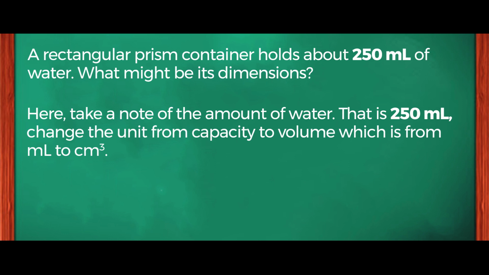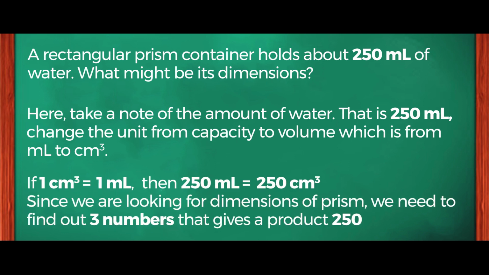Now, change the unit from capacity to volume, which is from milliliter to centimeter cube. If 1 centimeter cube is equal to 1 milliliter, then 250 milliliter is also equal to 250 centimeter cube.